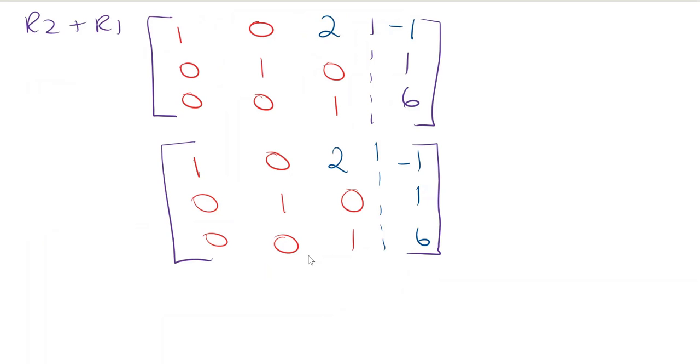Okay, I've rewritten out my matrix again, and now I want to change this 2. What can I do to change the 2?